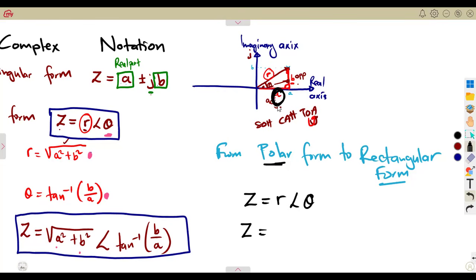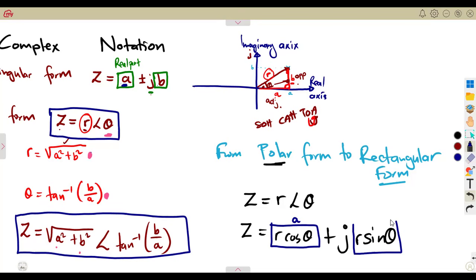This A here represents r cos theta. So it's r cos theta plus the imaginary part, which is going to be r sine theta. So for us not to have confusion here, I'm just going to write this as j, like this. I'm going to have this as j r sine theta so that we can properly see that this is representing the same A that we had before.